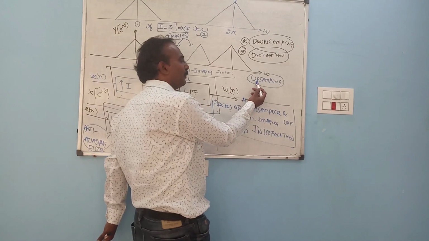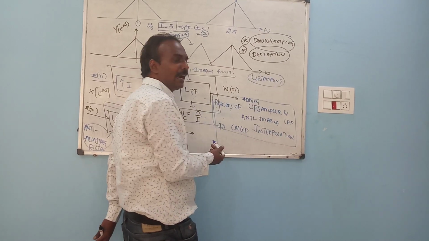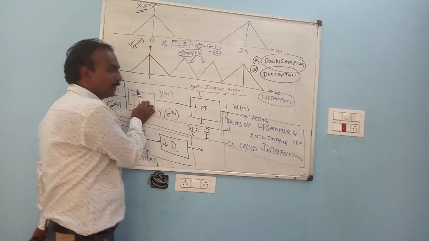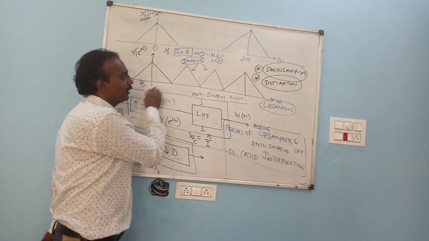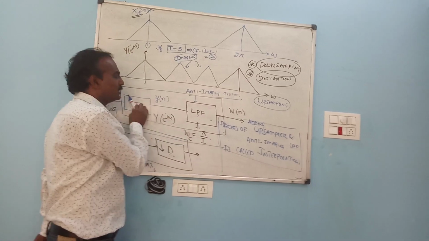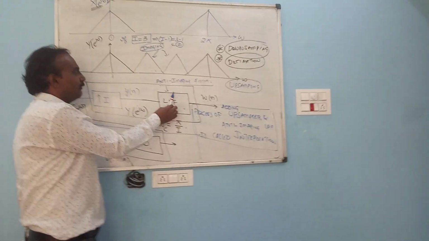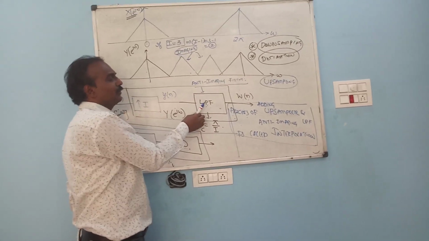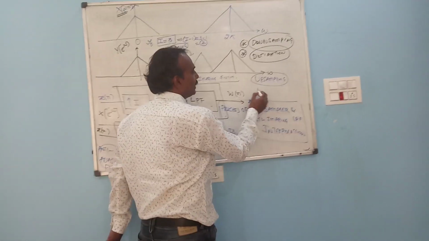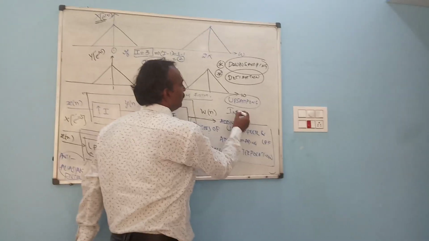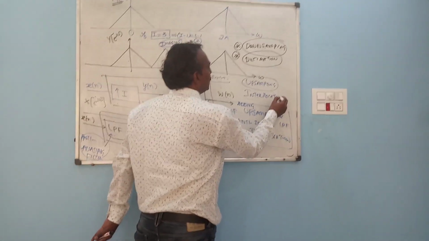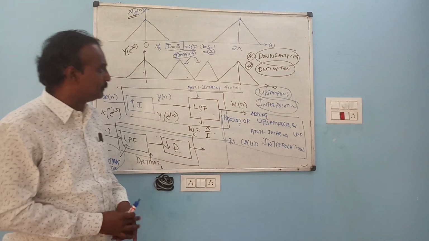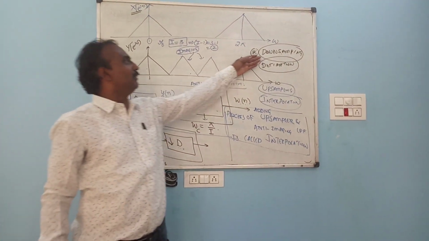Now, the process of adding a filter after upsampling is called interpolation. Please understand the difference between interpolation and upsampling. These are the simple points we have observed.